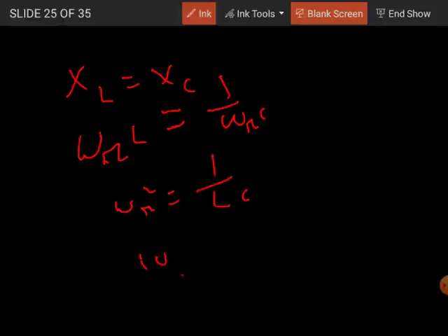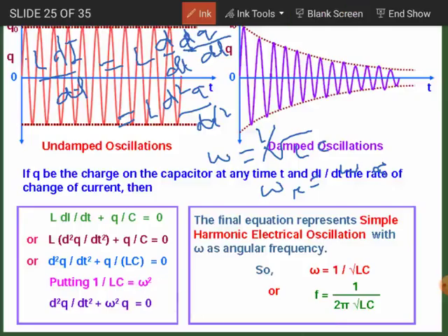So your omega R will be equal to 1 by root over LC. Am I right? So that is what we are using. Omega R will be equal to 1 by root over of LC. That is what I'm using here.